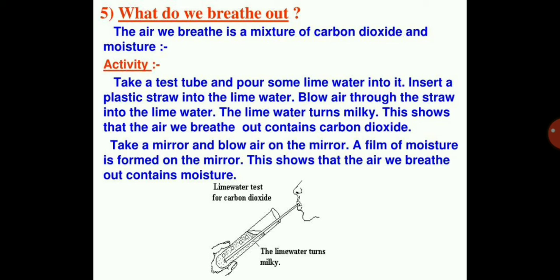This shows that the air we breathe out contains carbon dioxide. Next, take a mirror and blow air on it. A film of moisture is formed on the mirror. This shows that the air we breathe out contains moisture. So these two experiments show that it contains carbon dioxide and it contains moisture.